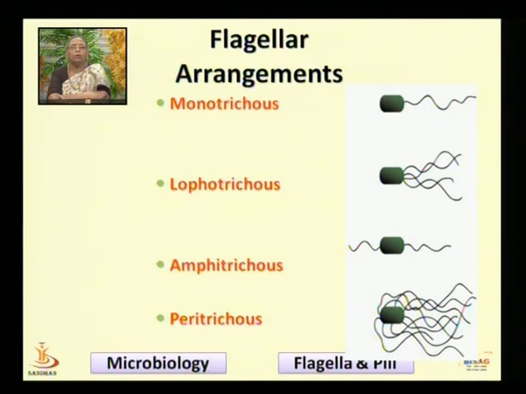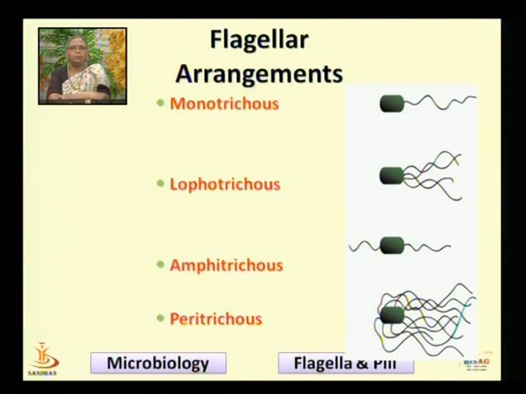Here you should note that in the first three figures, mono, lopho and amphitrichous, the flagella are present at either of the poles of the cell. They develop and are present at one of the ends of the cell.